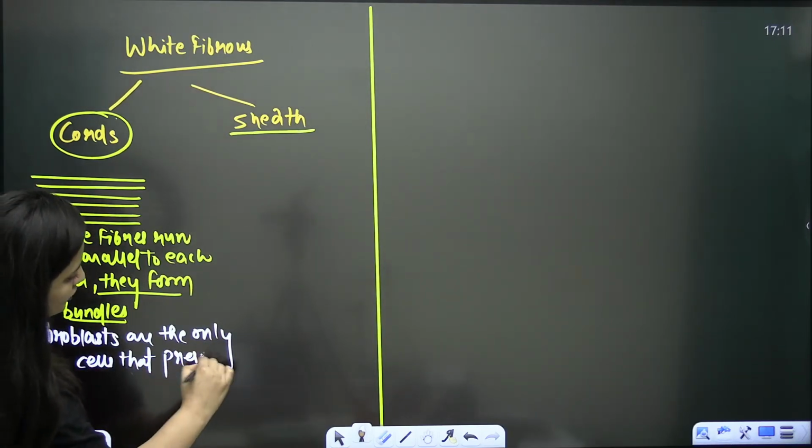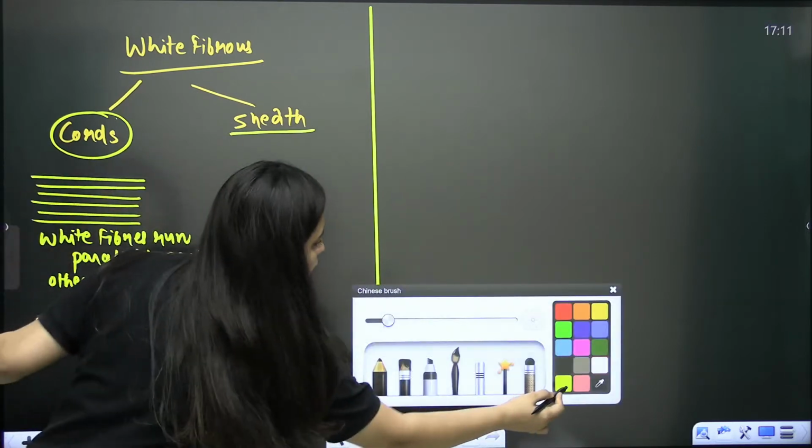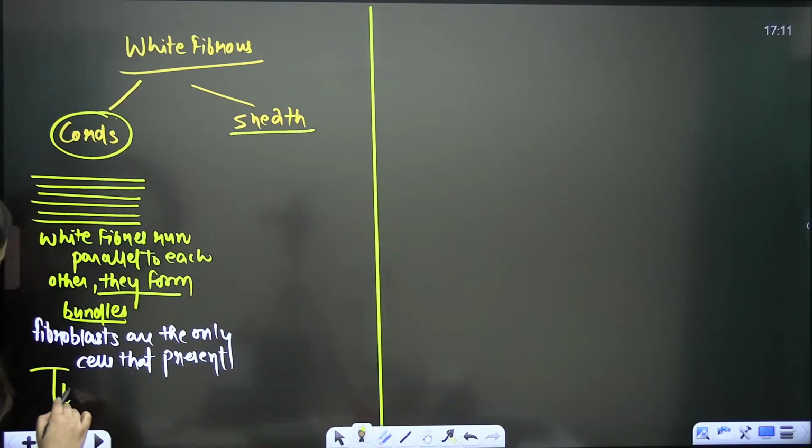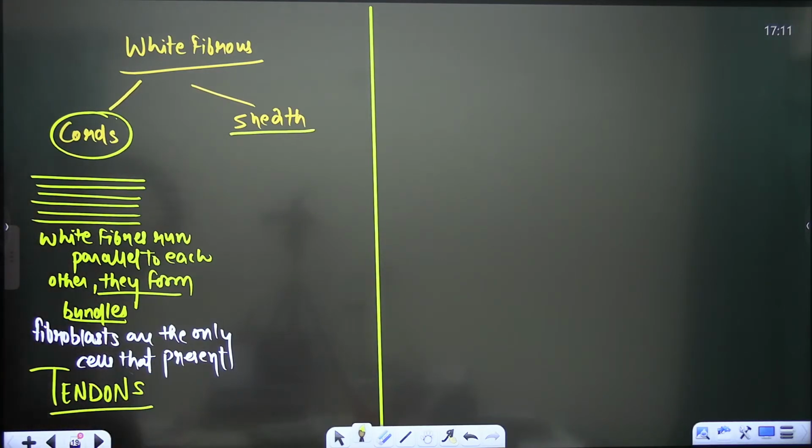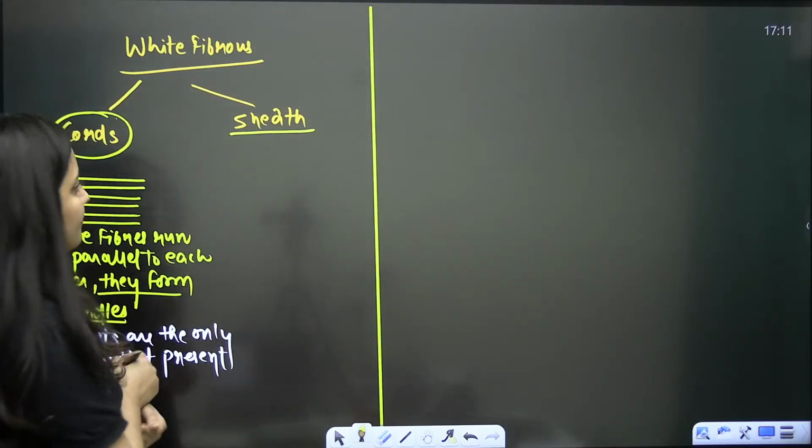Here you see the example of tendons. Do you know what tendons are? Tendons are an example of dense connective tissue, and it is dense regular connective tissue.